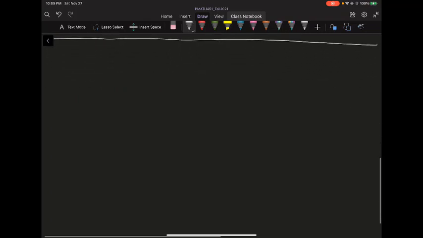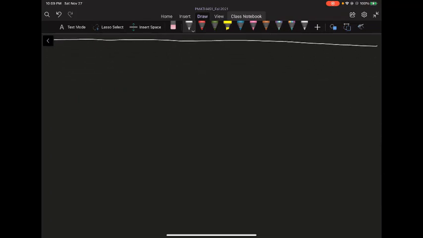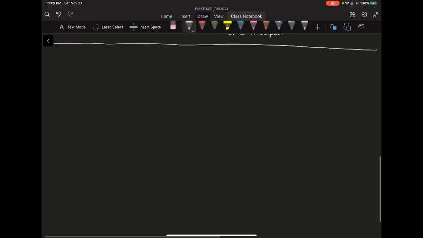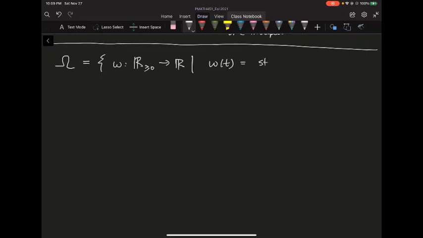One example you often see in math finance or in Brownian motion is the following. Let's let omega be all the functions, real-valued, defined on R greater than or equal to 0 to R. That basically represents the trajectory of your stock price, the stock price at time t.